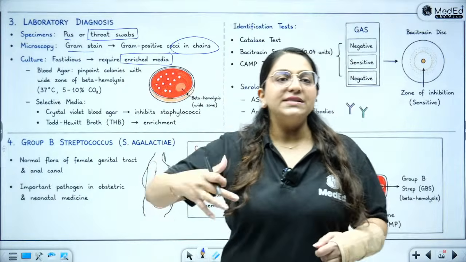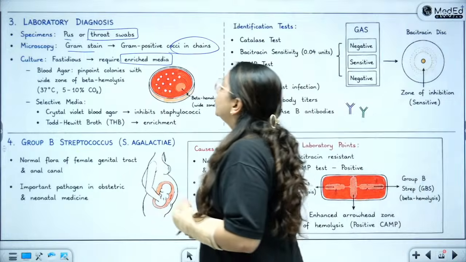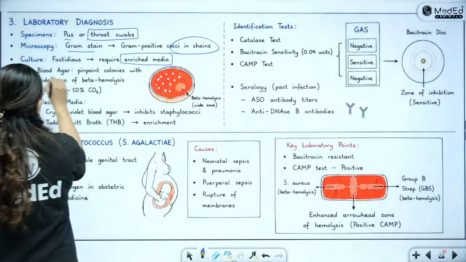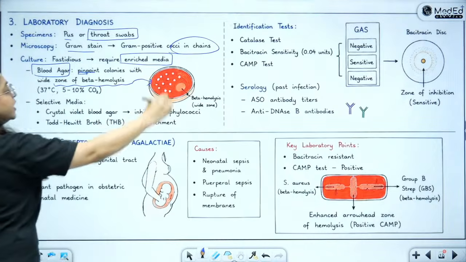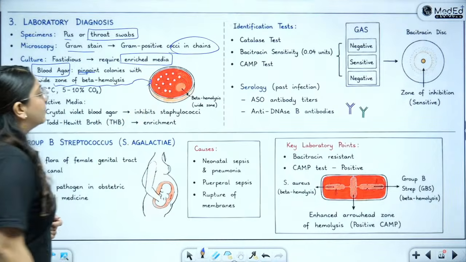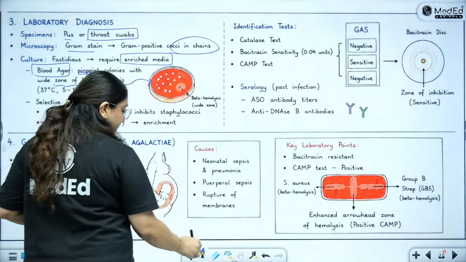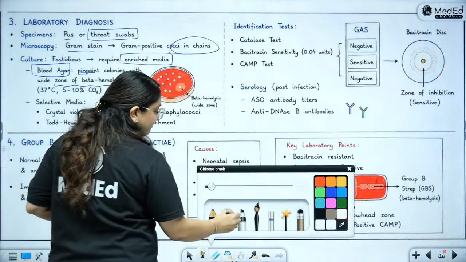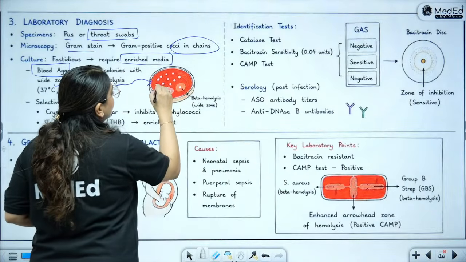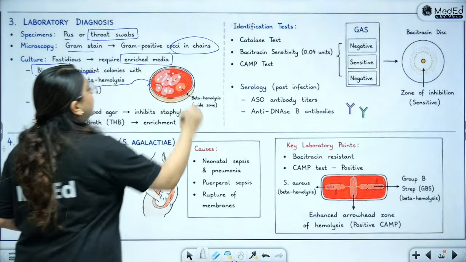So you give it blood agar, on which it shows pinpoint colonies with a wide zone of beta hemolysis. Simply draw these pinpoint white colonies and then a very wide zone of beta hemolysis around each one of them.